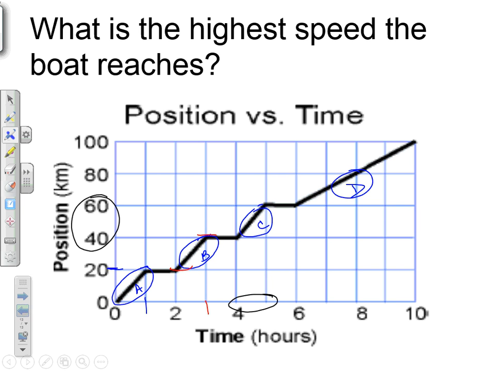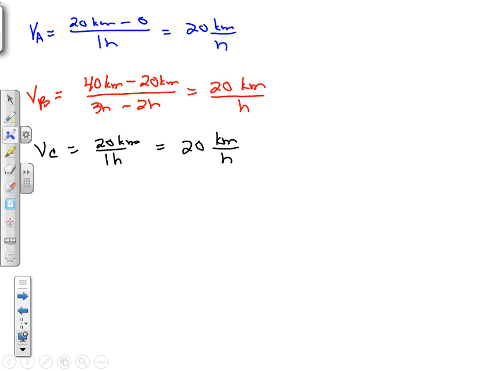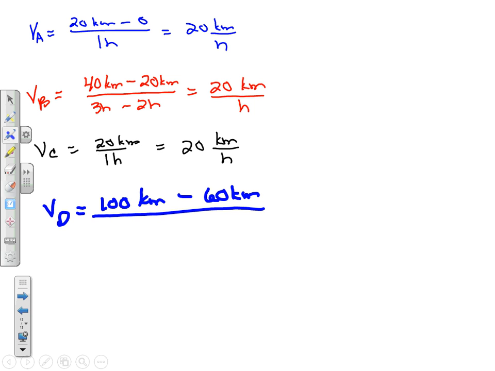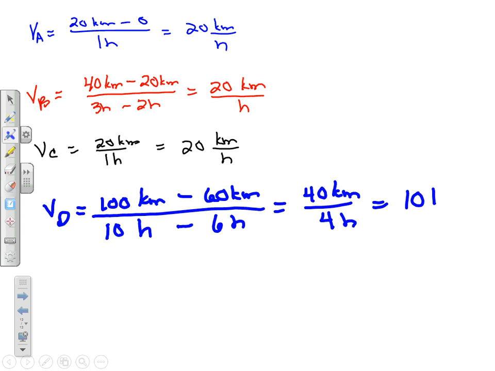This time, it's at 100 kilometers at the final and 60 at the beginning. So let's do this one a little bit longer. VD equals 100 kilometers minus 60, where it started, and then the time period, if you look at your graph, it finished at 10 hours, minus 6 hours. So we have a difference of 40 kilometers in 4 hours, and we can see that the average speed decreased for the last part of the trip.